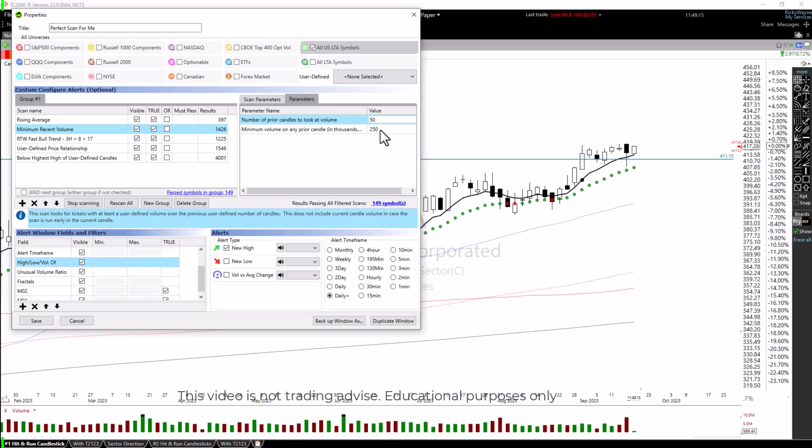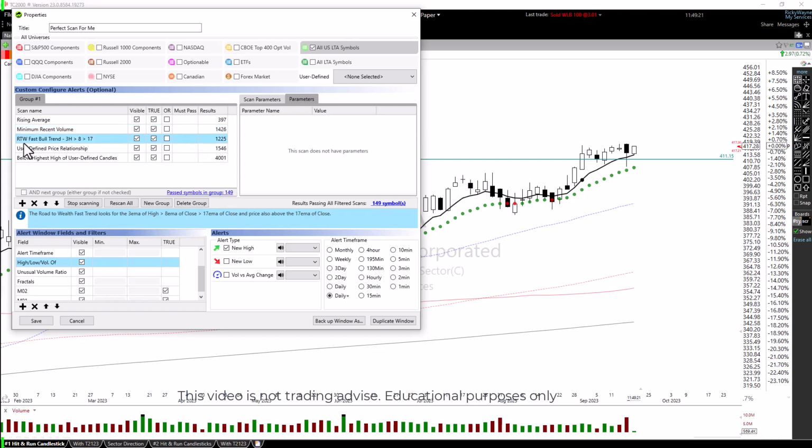What I think that does is it eliminates some of the riffraff. I want this scan right here, RTW fast trend. What that is, is the 3 is greater than the 8, and the 8 is greater than the 17. It's just stacking 3 moving averages.